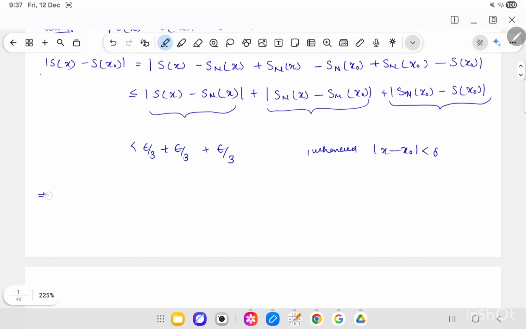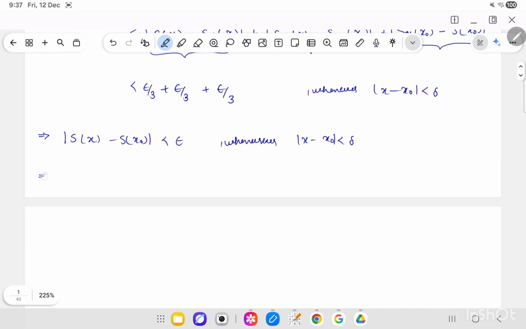So from here we got that the modulus of S(x) minus S(x naught) is less than epsilon whenever the absolute value of x minus x naught is less than delta, and this is what we are supposed to show.